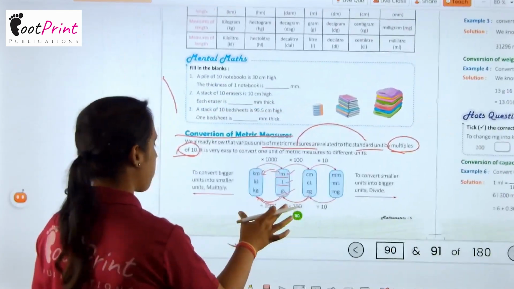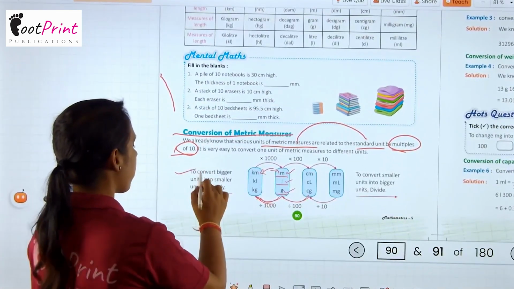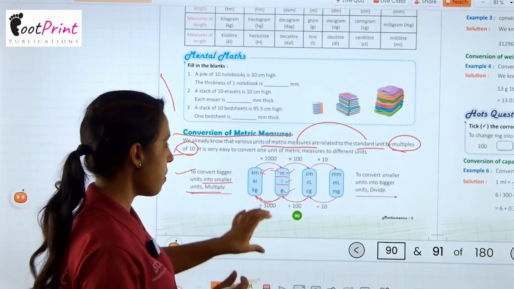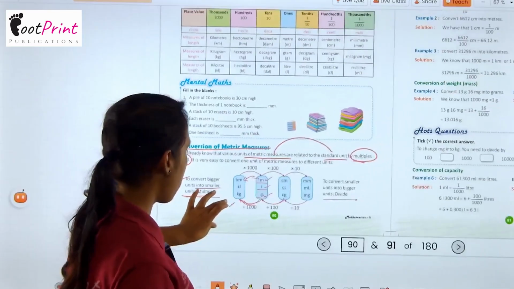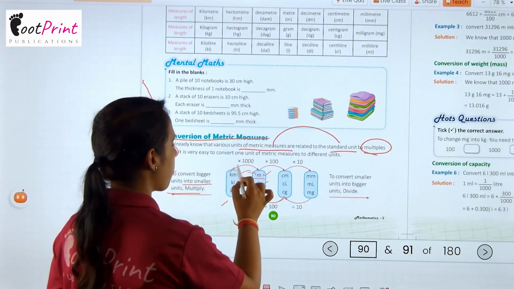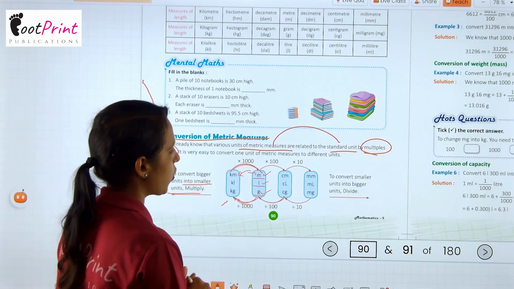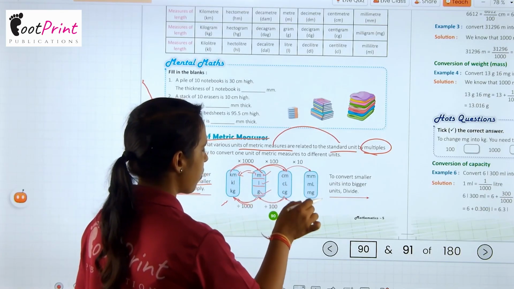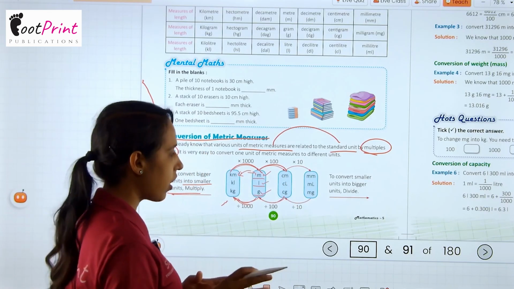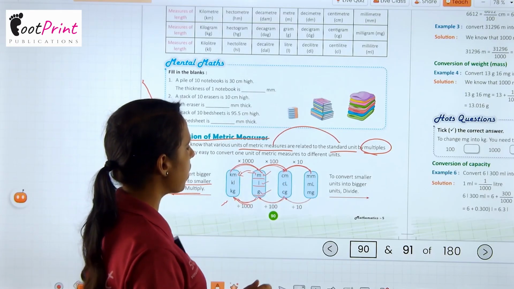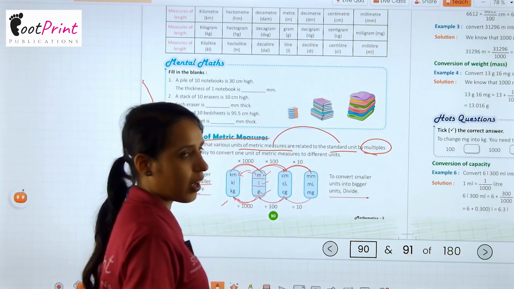Let's see. If we want to convert bigger units into smaller units, what do we do? We multiply. If we want to change kilometer to meter, we multiply the given number by 1000. If we want to change meter to centimeter, we multiply it by 100. And if we want to convert centimeter to millimeter, we multiply it by 10.